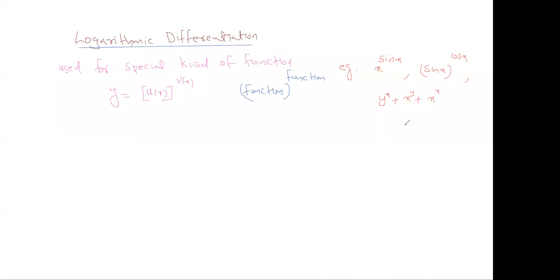All these kinds of situations. You can see that it is one function with another function of x as its power. Or log x to the power cos x, or x to the power x cos x. In all these situations, it is something like one function of x to the power of another function of x.